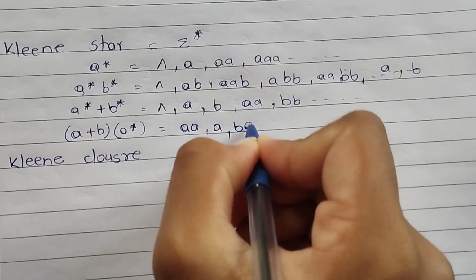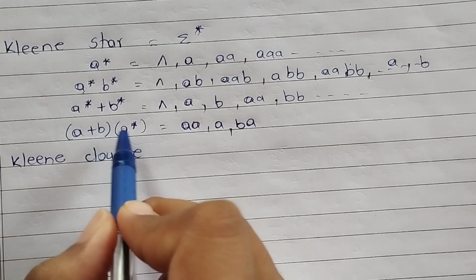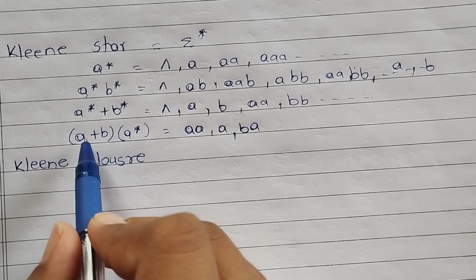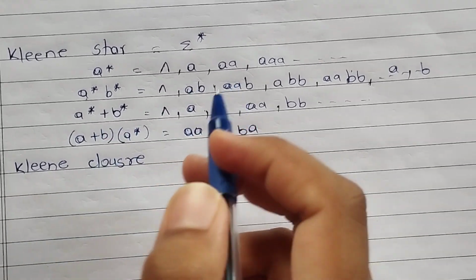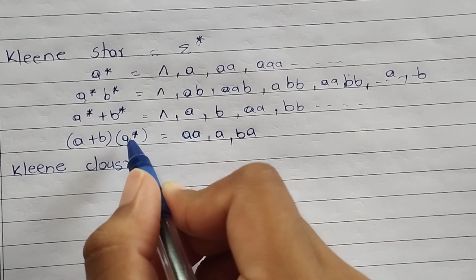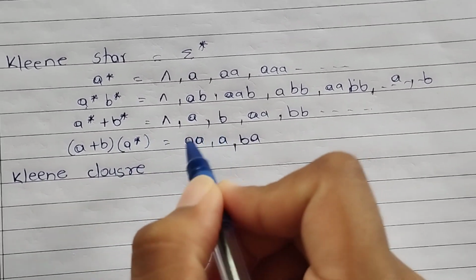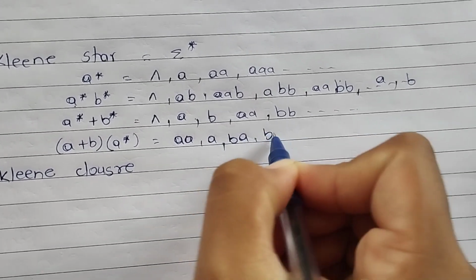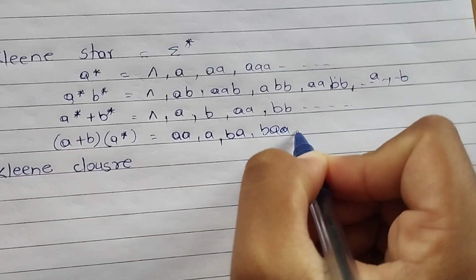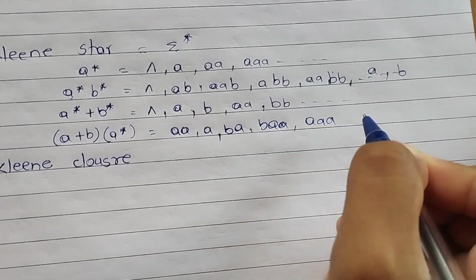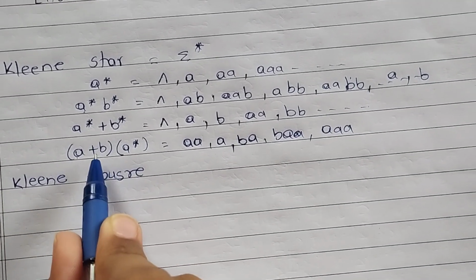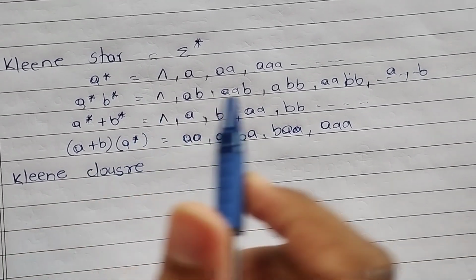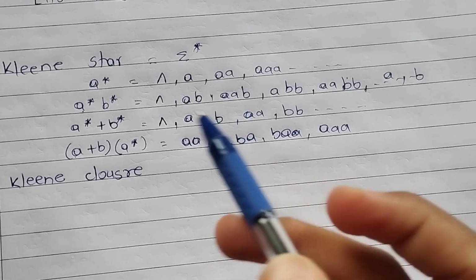Or BA, from this we write B, not A. This plus means or. A or B, we take B, and into this A is compulsory. So this BA or BAA or AAA, means this A from the first bracket and the two A's come from A star. So in this way we learn.